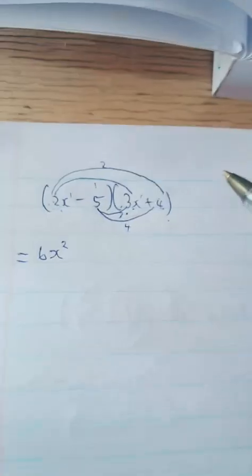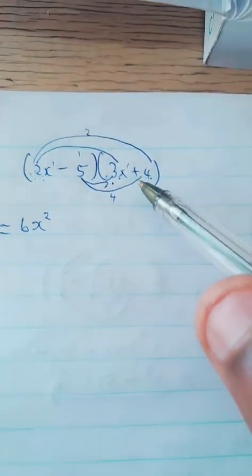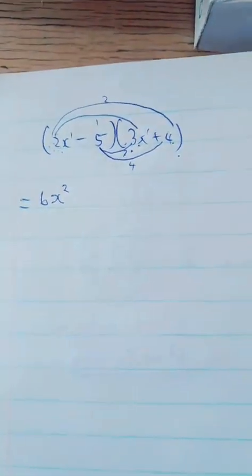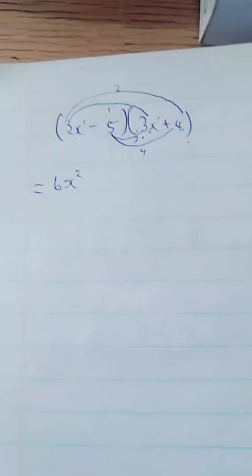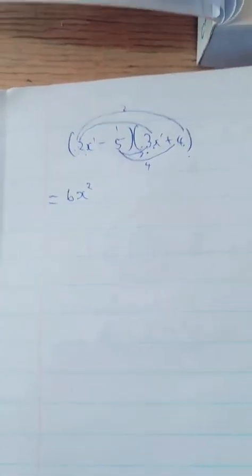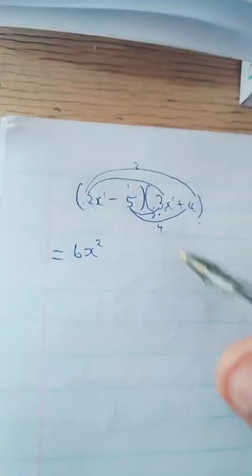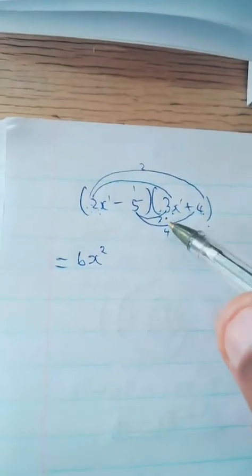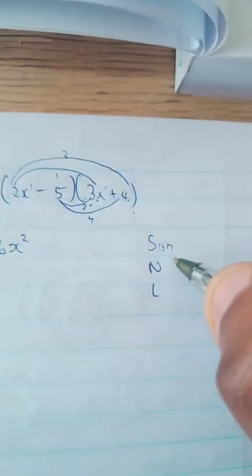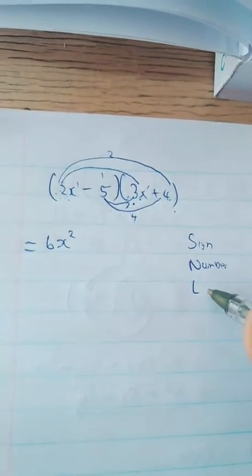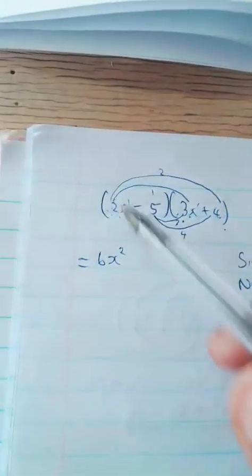That's why I always go over the signs, the numbers, the letters in my head. I don't take for granted the sign for each term. When you multiply, you apply S and L, sign, number, letter. You multiply the signs first, the numbers next, and the letters last. Make sense? So 6x squared.